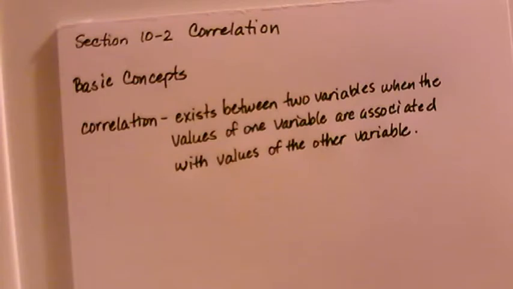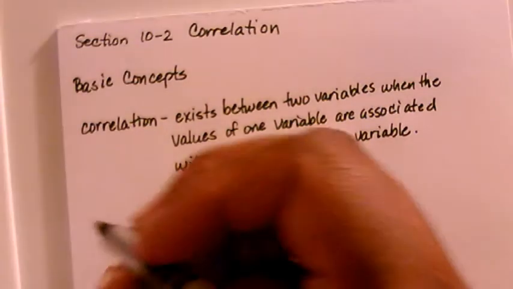And then, a specific type of correlation would be a linear correlation.